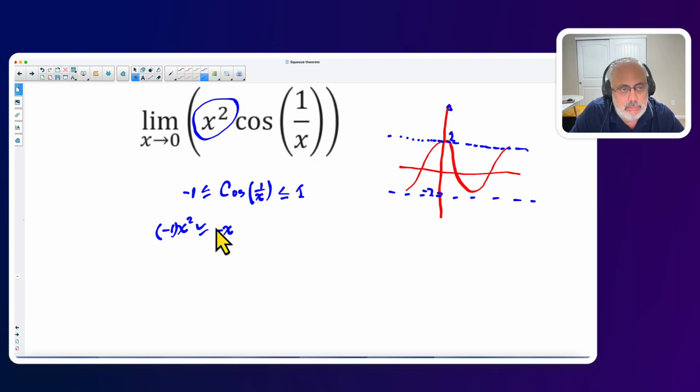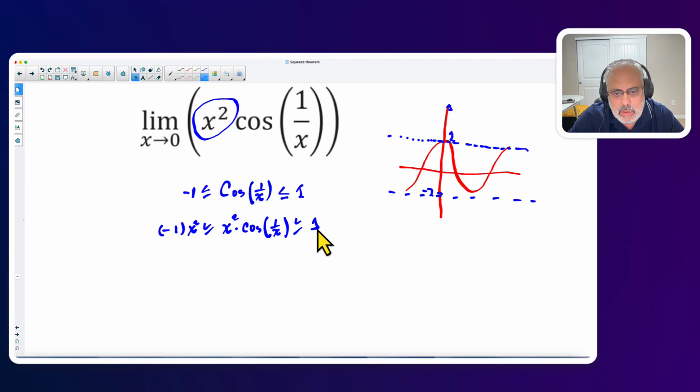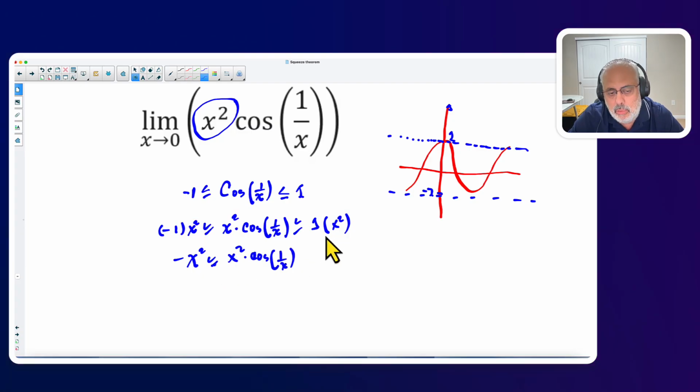So -1 times x squared, the cosine of 1 over x times x squared, and 1 times x squared. So right here we have minus x squared, here we have x squared times cosine of 1 over x, which is the function, and x squared, right?